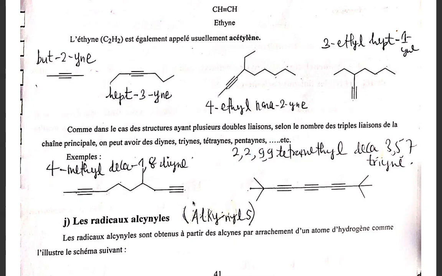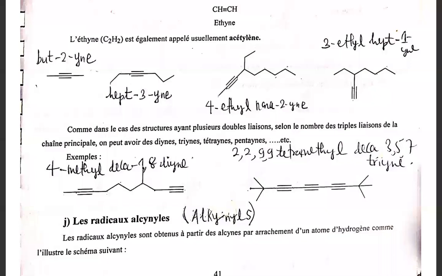In this case, we either start from this side or this side. So we have 1, 2, 3, 4, 5, 6, 7, 8, 9, 10. Or 1, 2, 3, 4, 5, 6, 7, 8, 9, 10. Or 1, 2, 3, 4, 5, 6, 7, 8.